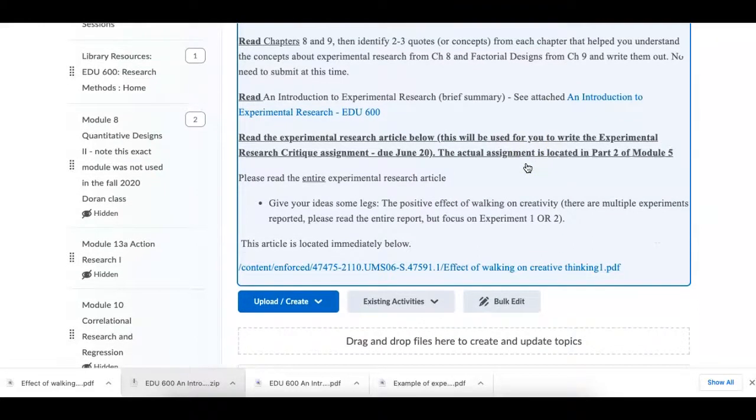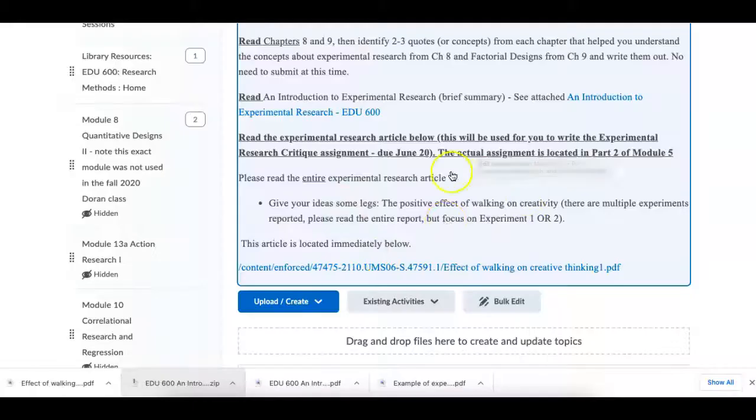Then what I'd like you to do, in either this part or the next part, because it ties in with the experimental critique that is due on June 20th, is read the article, Give Your Ideas Some Legs. Basically, it looks at the positive effect of walking on creativity. I'll get into more information on that in part 2.